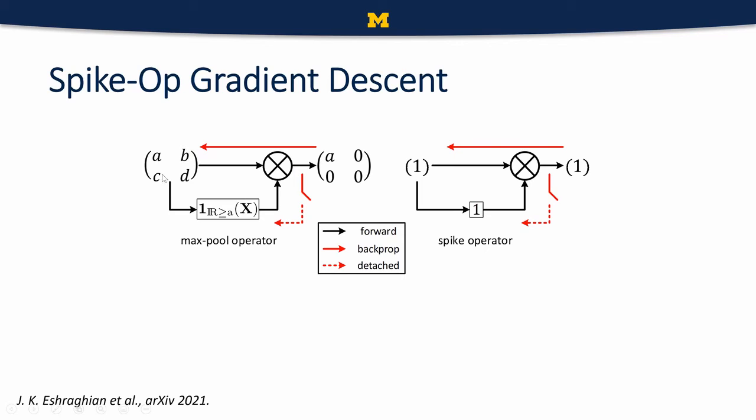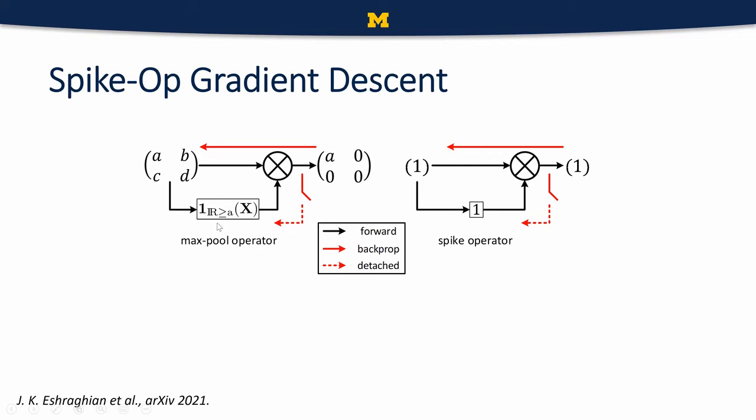Let's say, for argument's sake, that largest element is A. So we pass it through. Effectively, you're multiplying it by an indicator function that's 1 for A and 0 for everything else. And it passes A and zeroes out B, C, and D. Now, when we backpropagate through that function, well, of course, the gradient of A is 1 because A times 1 is 1. B, C, and D have all been zeroed out, and so those gradients are 0.